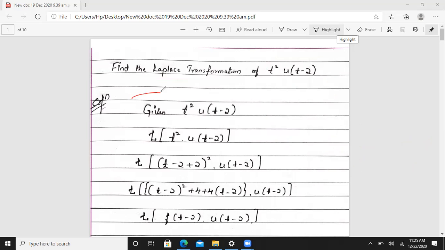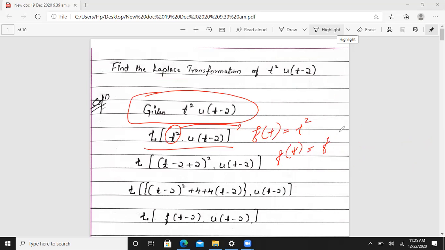Now we write the given expression, the Laplace transformation of t square u of t minus 2. Here f of t is equal to t square, and we want to write it as f of t minus 2. Since we have u of t minus 2, we take a as 2.